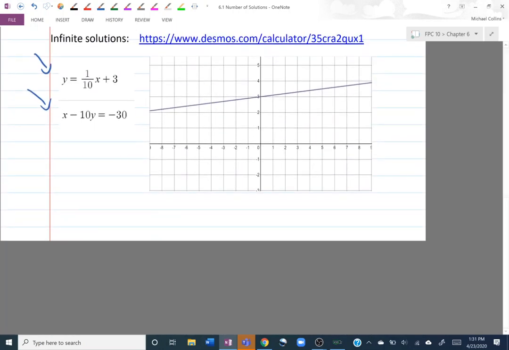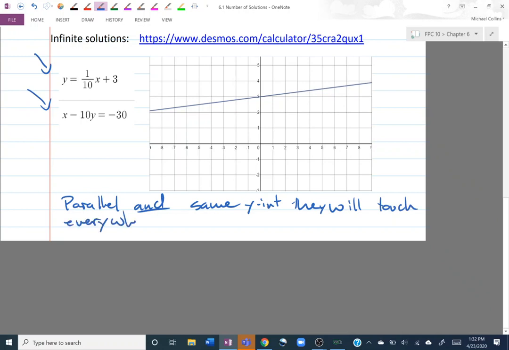In this one, if they're parallel and same y-intercept, so they're basically the same line, they will touch everywhere. And there is an infinite number of solutions.